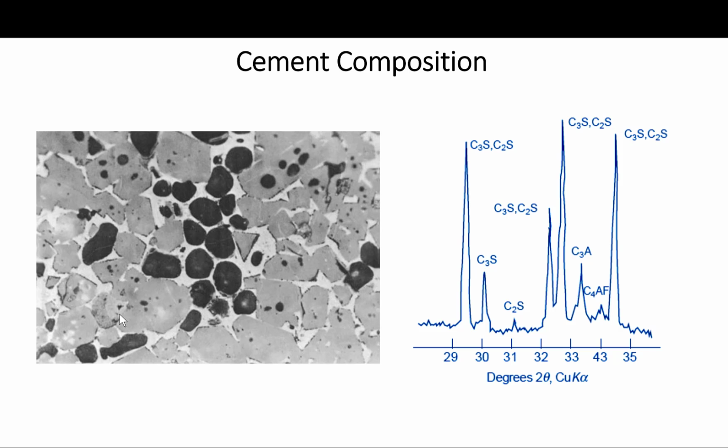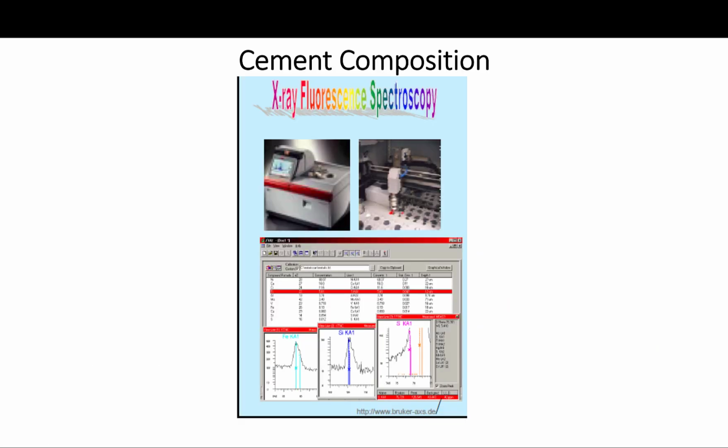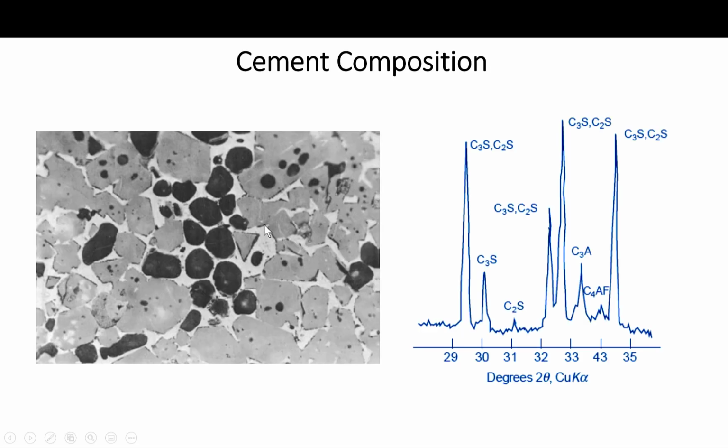Typically after etching with certain compounds, the C₃S appears as hexagonal plate crystals. The C₂S appears as rounded grains, with twinning bands, and C₃A and C₄AF as interstitial phases. Sorry, let me go back here. This stuff you see here.